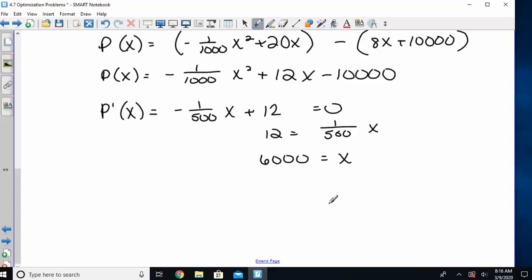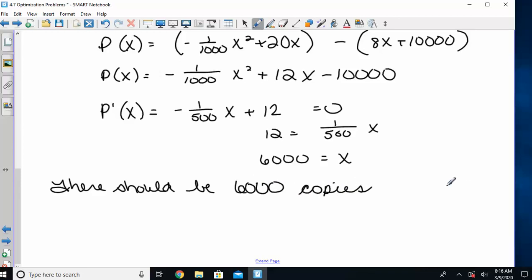So I asked a couple questions. I asked how many copies should be printed. And X was the number of copies, so there should be 6,000 copies. And what should be the selling price?